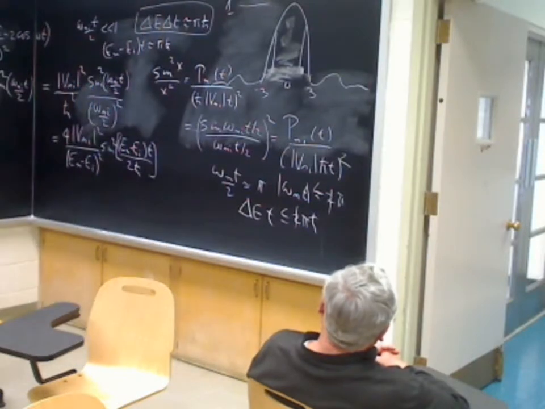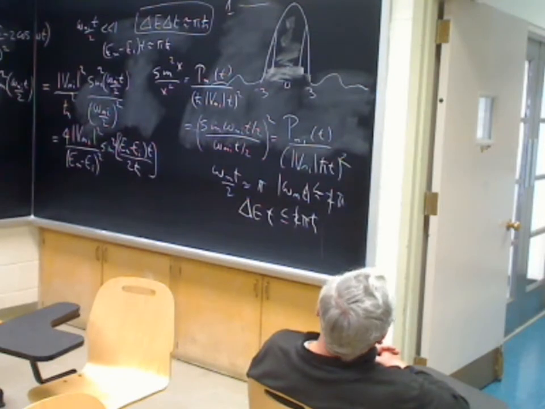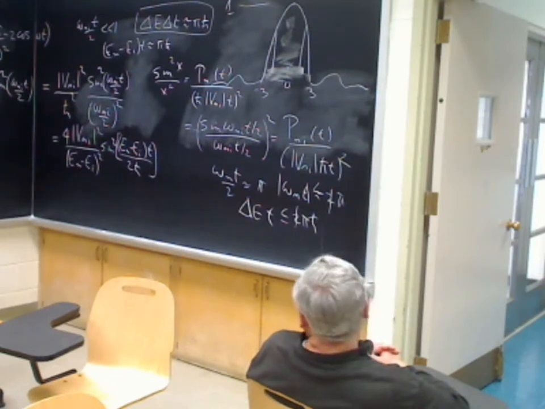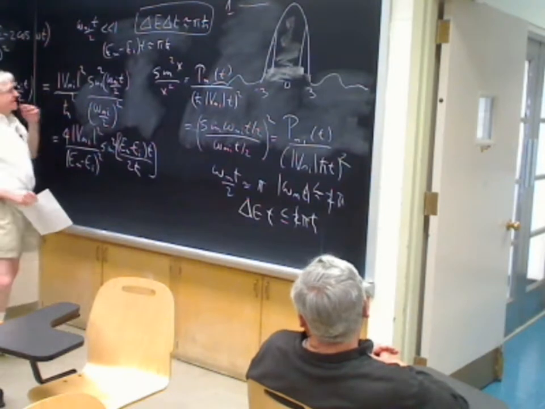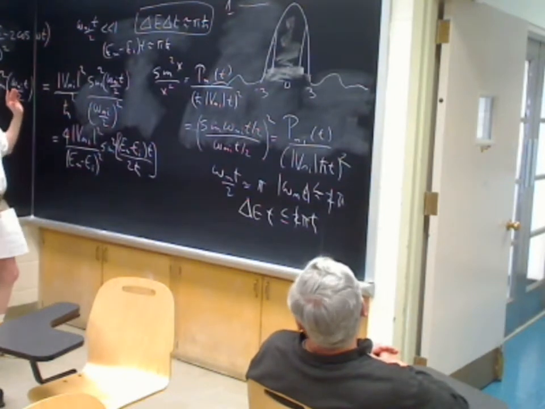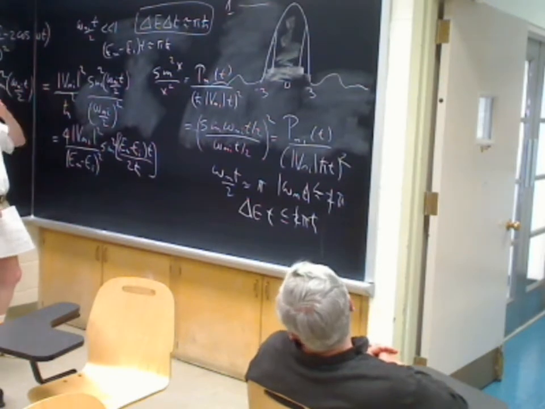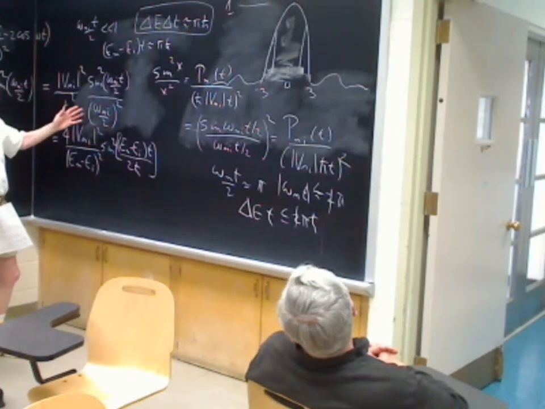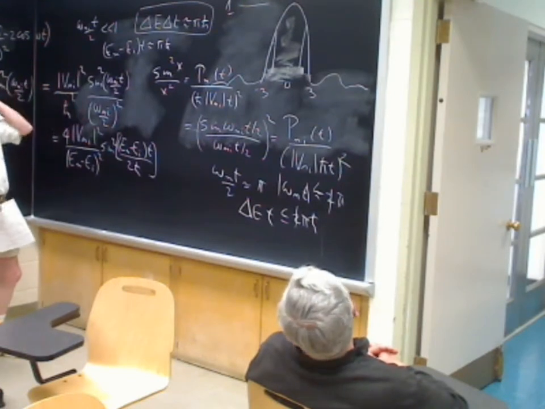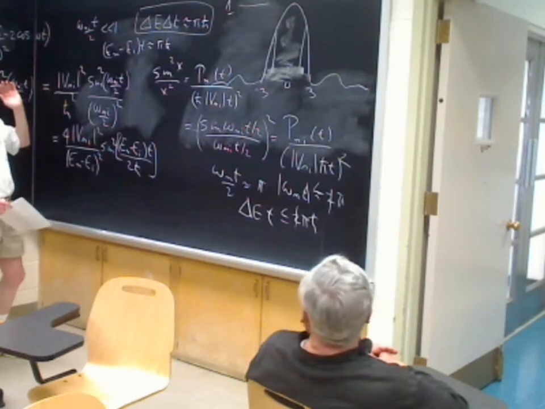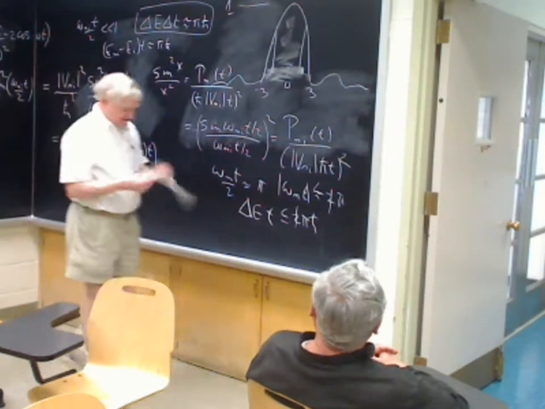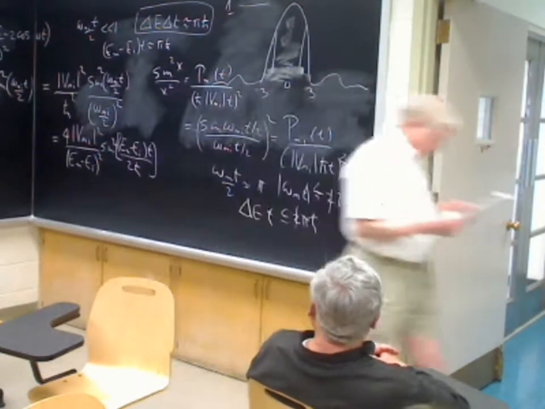In other words, if there's a process that takes a time delta t, then delta t times delta E can be as big as pi h bar, but not bigger. It can be smaller than pi h bar. And so this is said to be the time-energy uncertainty.